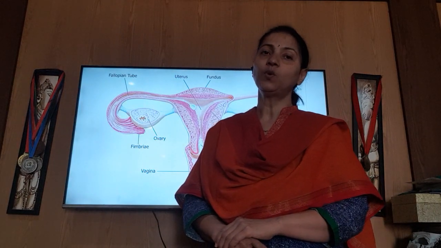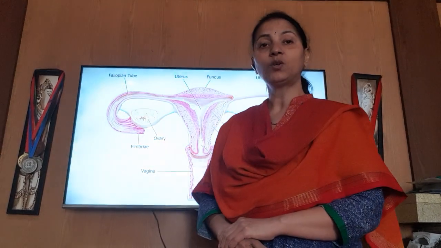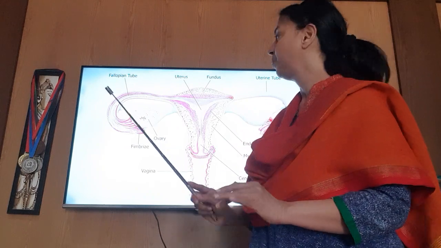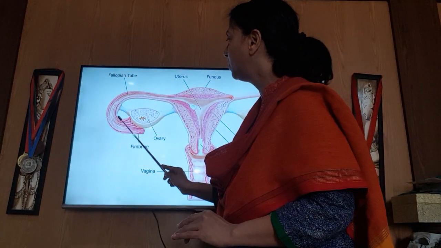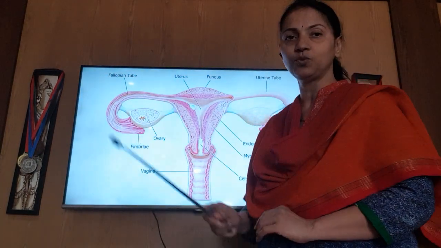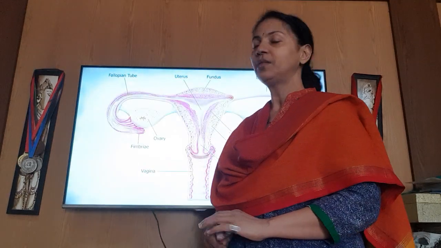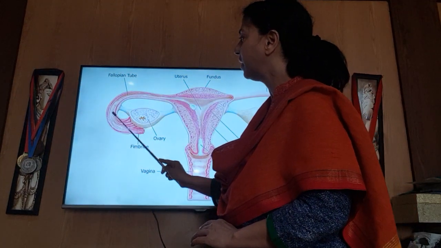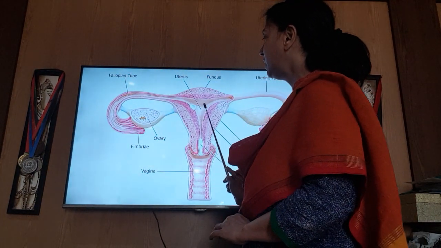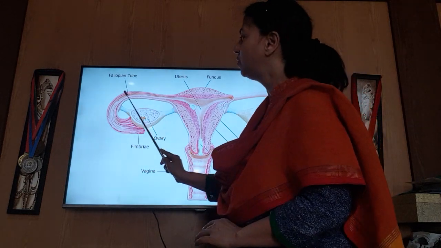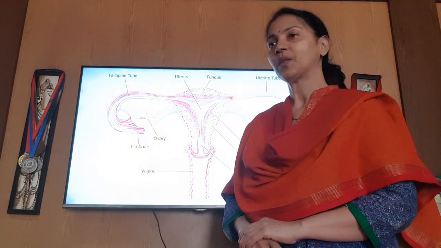Parasympathetic as usual is vasodilator in nature, and it also inhibits the peristaltic movement of fallopian tube. Fallopian tube also has peristaltic movement so as to assist the movement of oocyte towards the uterine cavity and sperm towards the oocyte, so as to facilitate the fertilization.